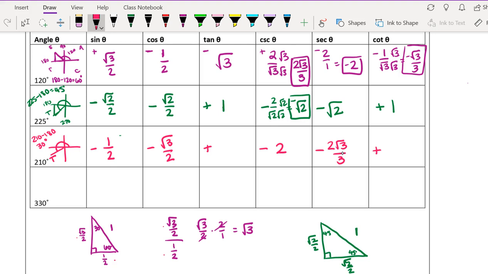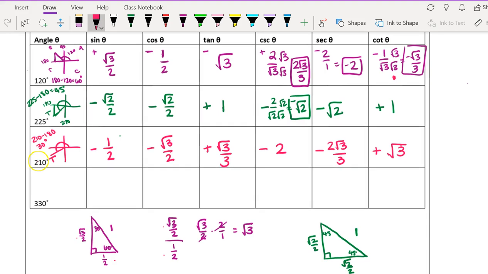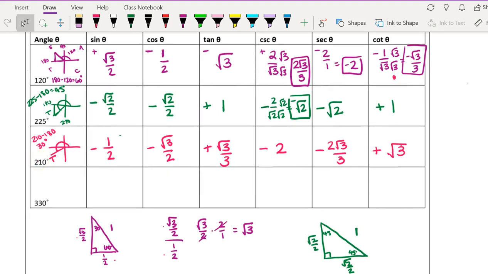I'm just going to take the opposite. So this was a square root 3 over 3. I got that from up in this corner. And then my tangent was negative root 3, so now it's going to be a positive root 3. And the signs I'm ignoring because we're in quadrant 3 for 210, whereas when I was at 120 degrees, I was in quadrant 2, so it made a difference.